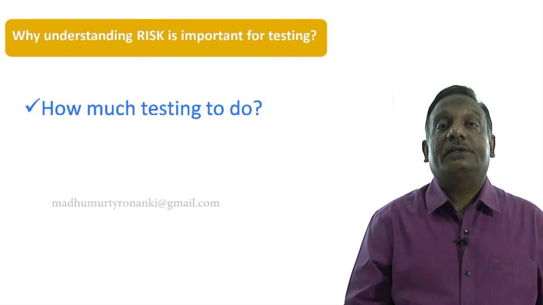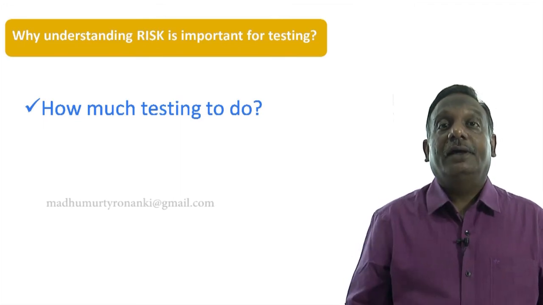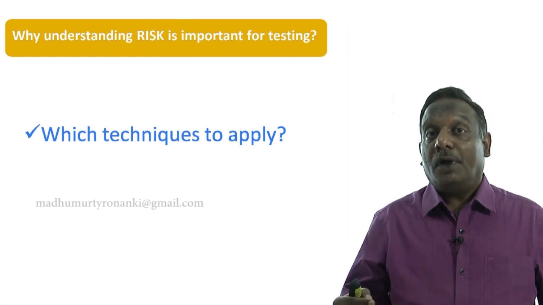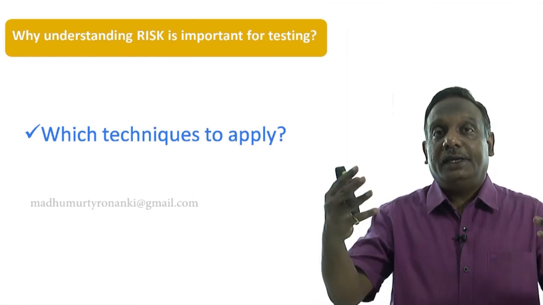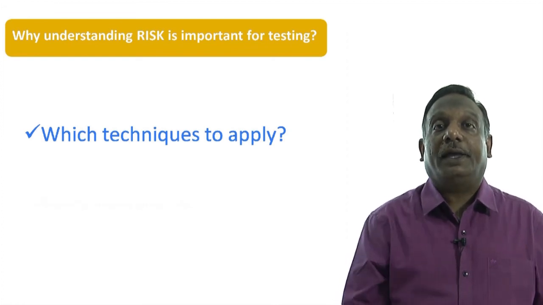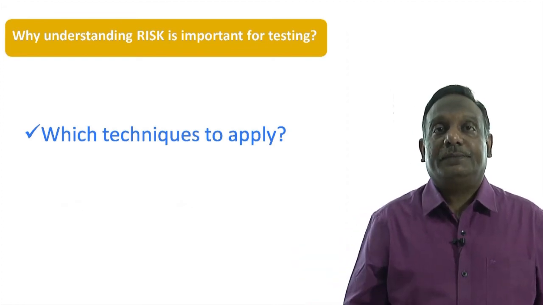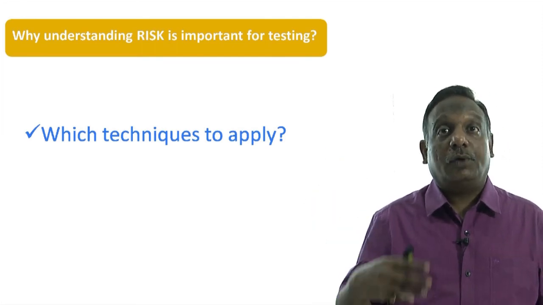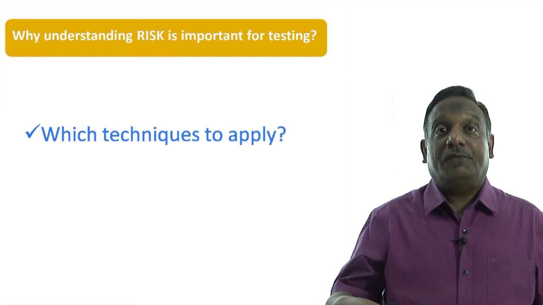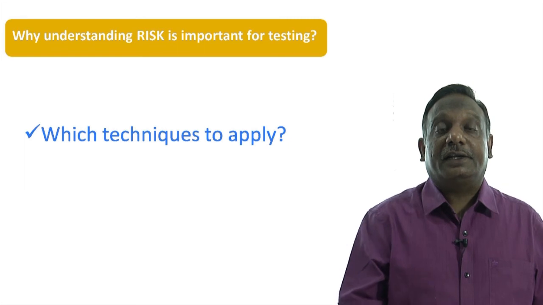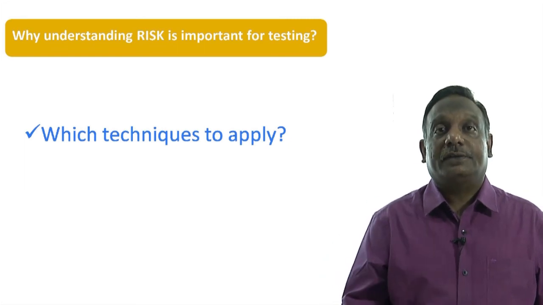So how much testing to do? It depends on risk. So these are very important things, and also how thoroughly we have to test each test item is a very important question. So which techniques to apply for which type of test items? If there is a high risk test item, we may have to apply very different kinds of techniques: white box techniques, black box techniques, static techniques, some formal inspections.